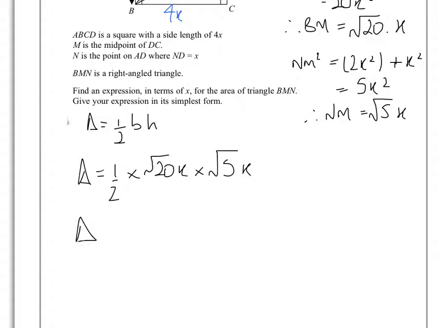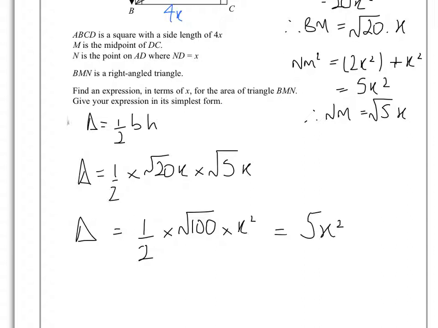That means that the area of that triangle is going to be a half times by root 20 times root 5 is root 100. X times x is x squared.